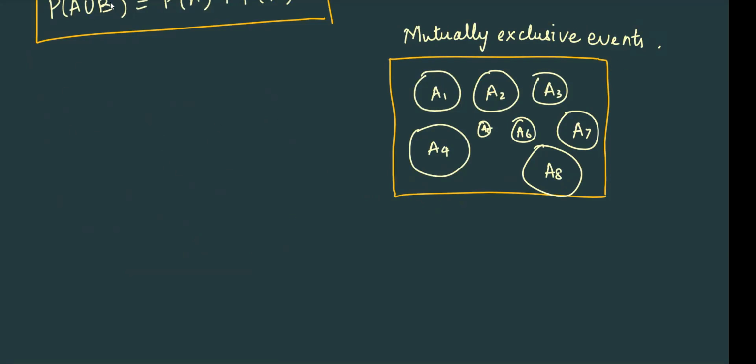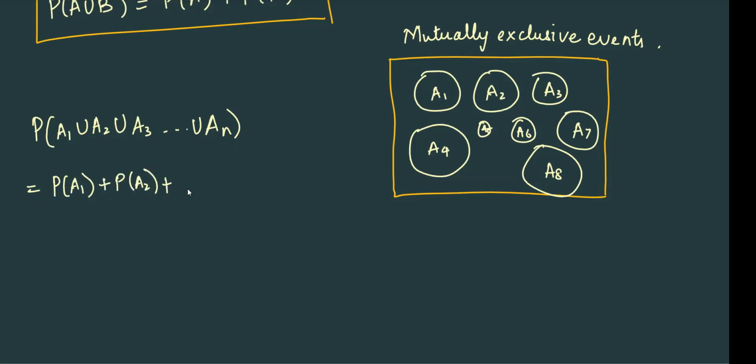So these are mutually exclusive events. So P of A1 union A2 union A3 union AN is equal to P of A1 plus P of A2 plus P of A3 up to P of AN. This is the extension of the addition theorem for mutually exclusive events.